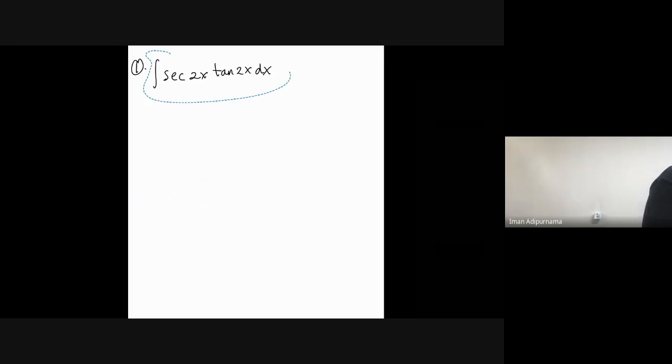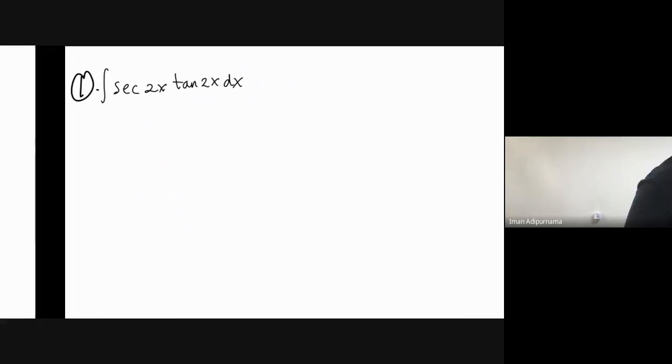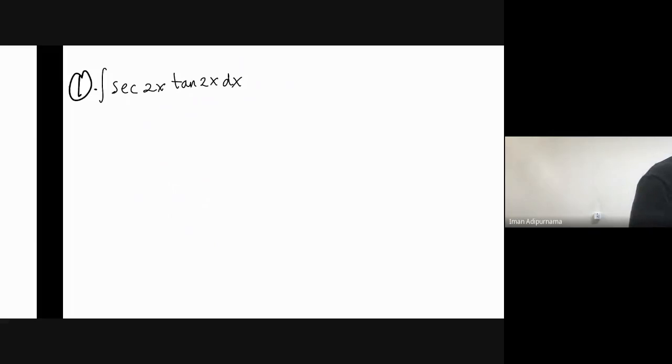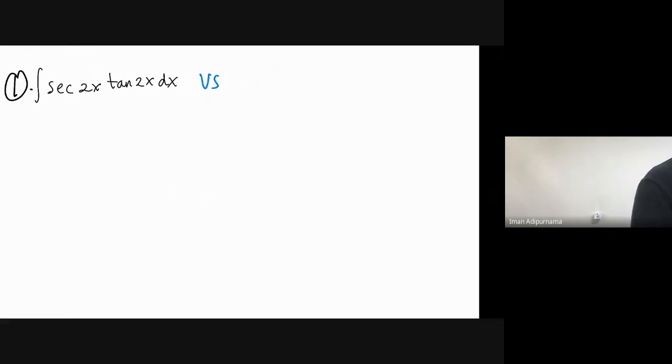Or let me make small. Okay, the second one is secant squared x and tangent squared x.